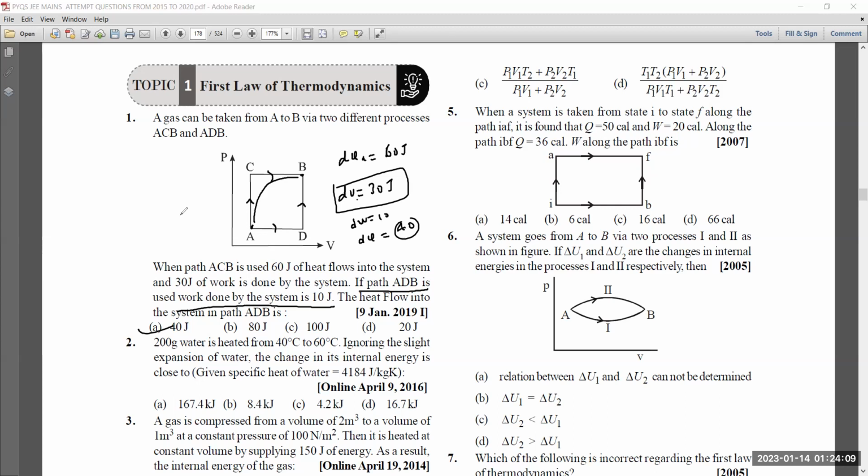Solve the question number 2. 200 gram water is heated from this to this, ignoring the slight expansion of water. The change in its internal energy is close to, given the specific heat of water.